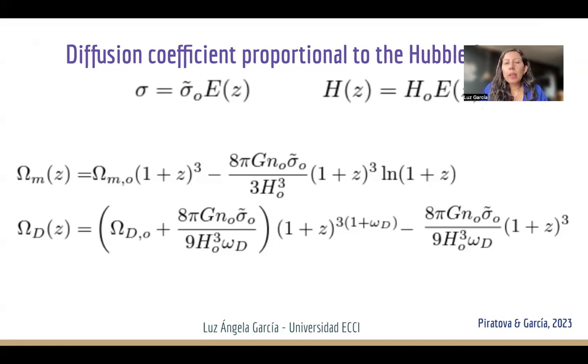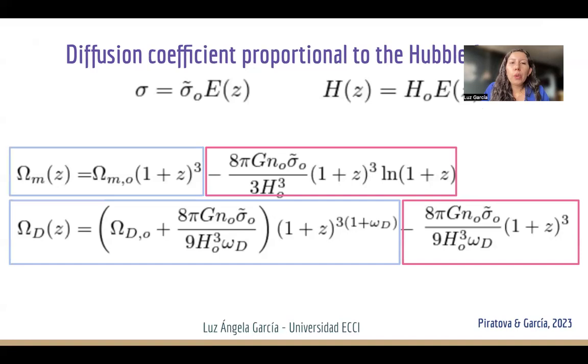So in the way that we introduce these components, we make the term sigma proportional to the Hubble factor. And in this case, we get quite interesting solutions, because if you notice here, we're going to have two terms, one that is logarithmic in 1 plus z, but also we have a term that reminds us of the solutions in the standard model.